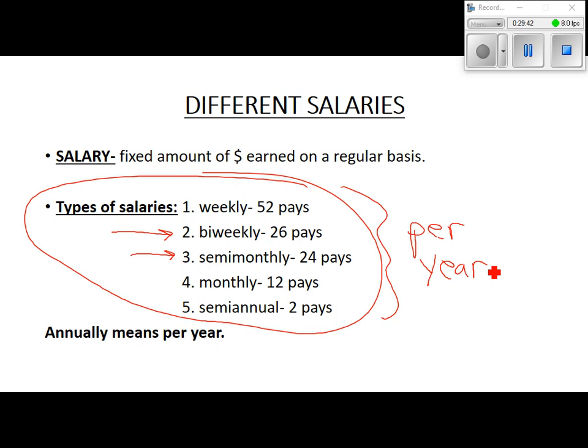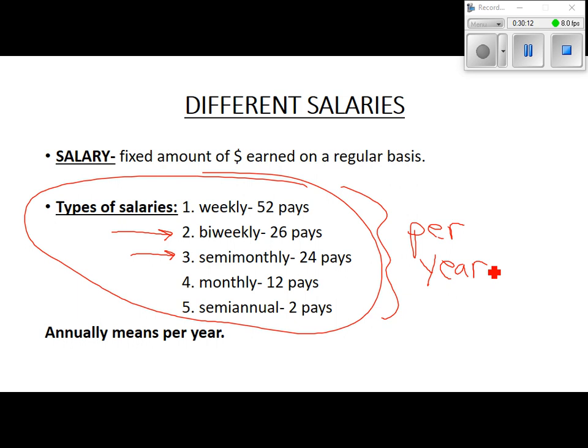Then you get 26 pays per year. If you get paid semi-monthly, anybody have any idea what that means? Every half month. Sort of. Right now I get paid on the 15th and the 30th of every month. That's when our checks come out. You get paid twice a month.